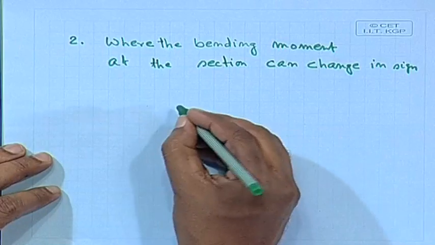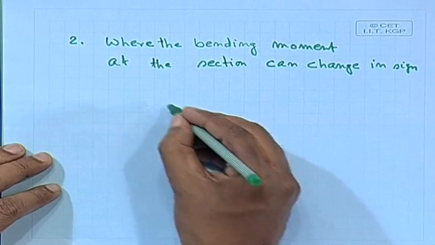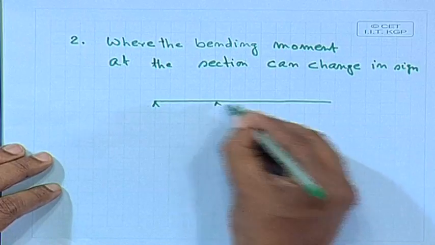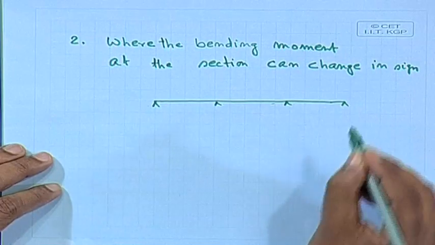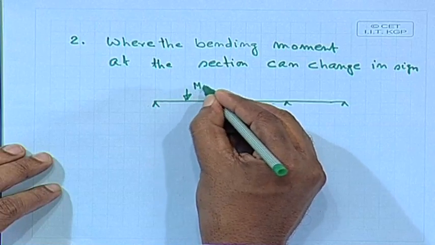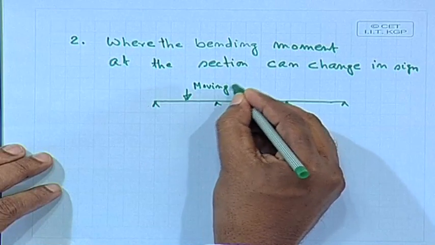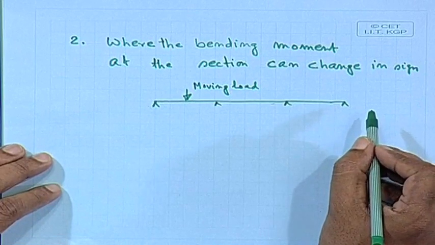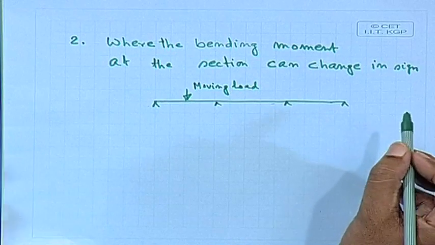We can say that a continuous beam possibly, and there is a moving load, the vehicle is moving over the bridge if it is continuous.